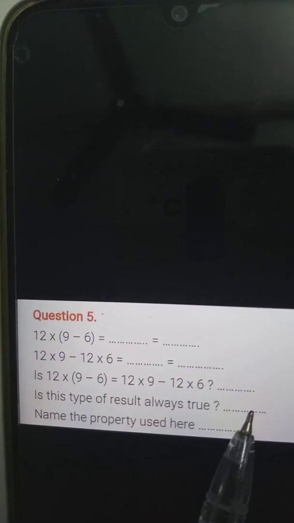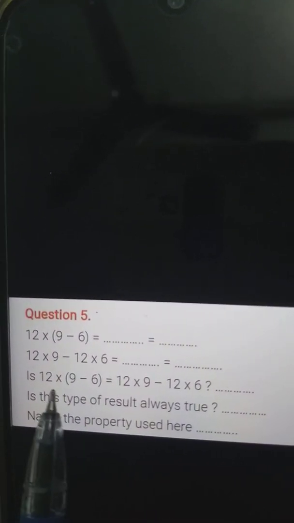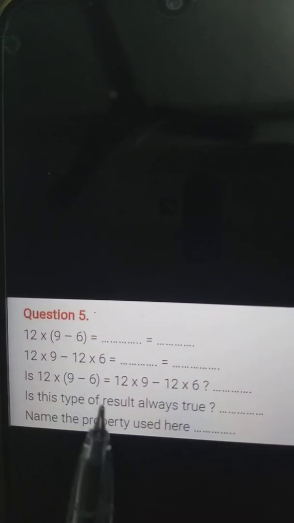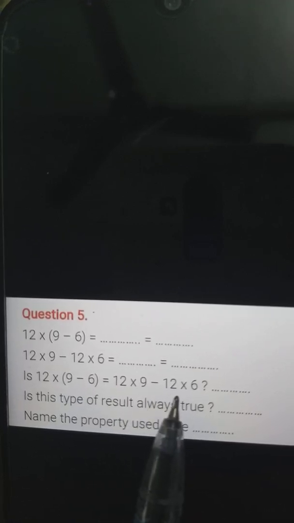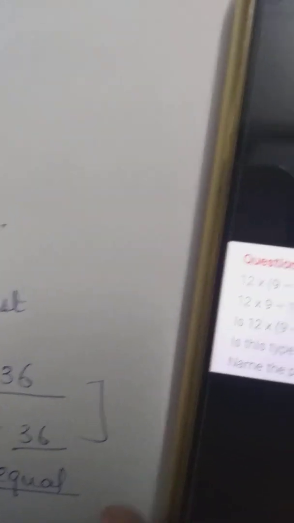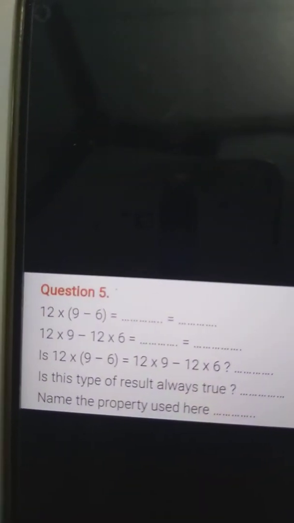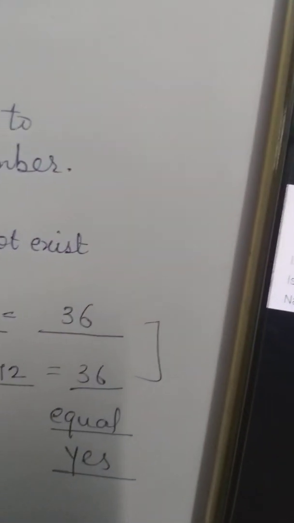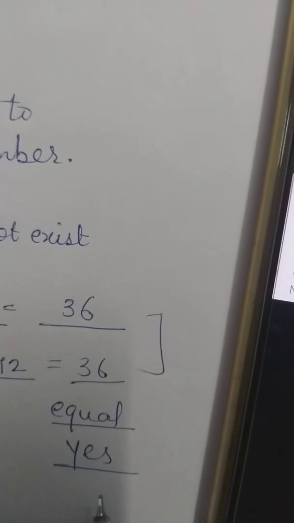Okay. And before that, there is a question: is 12 multiplied by 9 minus 6 equal to 12 multiplied by 9 minus 12 multiplied by 6? So in the third blank you will write equal. In the fourth one, is this result always true? Yes. Next one you will write true. That is yes.